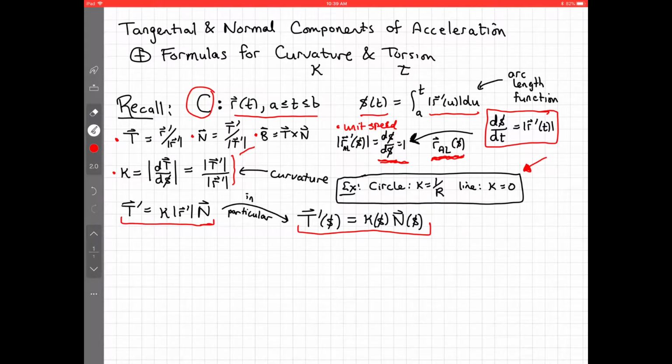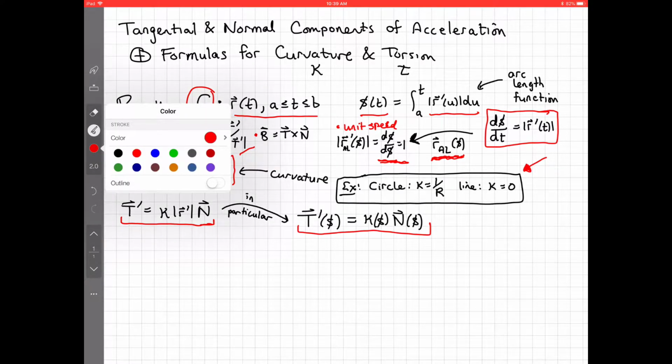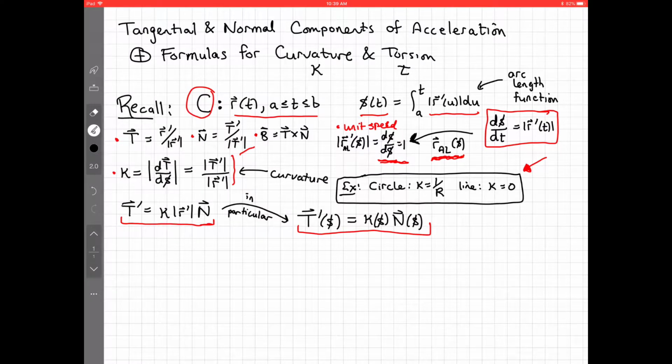All right, now let's see what happens when we differentiate B. We'll come back to differentiating N maybe in a different video or at some later point, but the derivative of B is kind of interesting. So B prime, this would be T cross N prime. Well, by the product rule for the cross product, this is the derivative of the first guy cross the second, plus the first cross the derivative of the second, right?